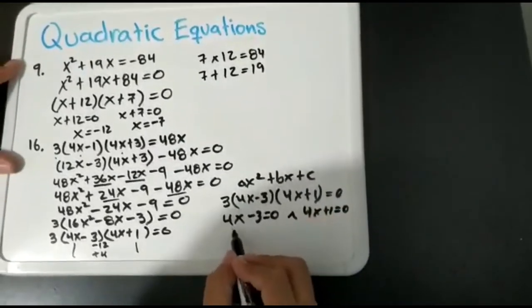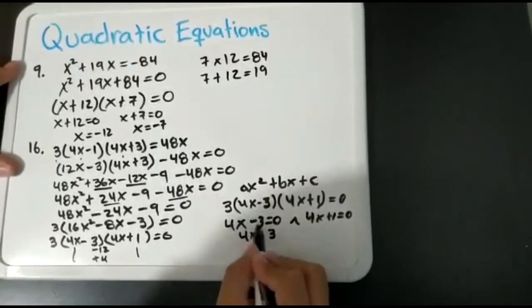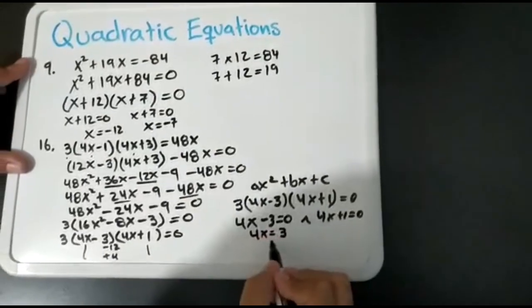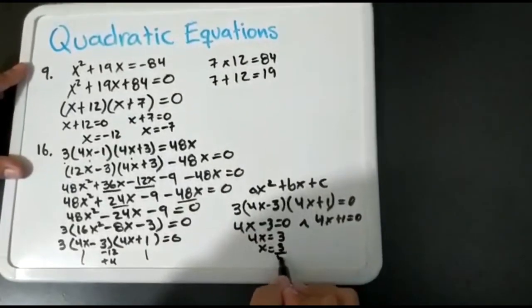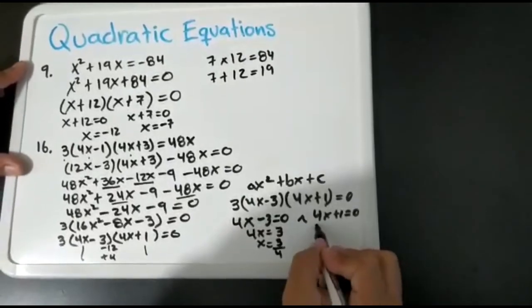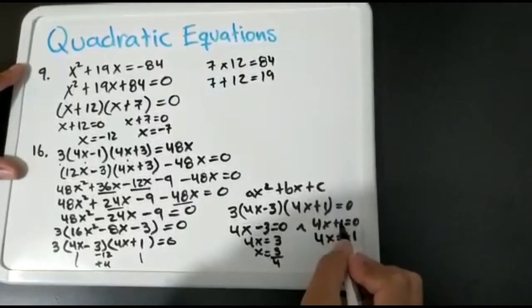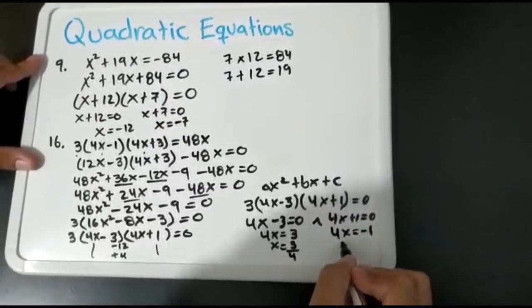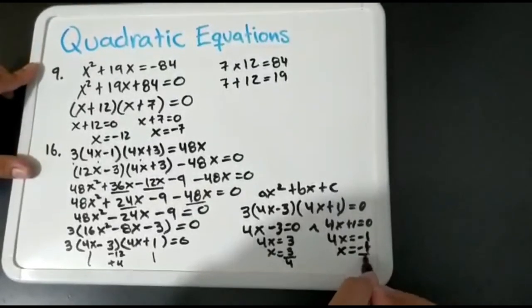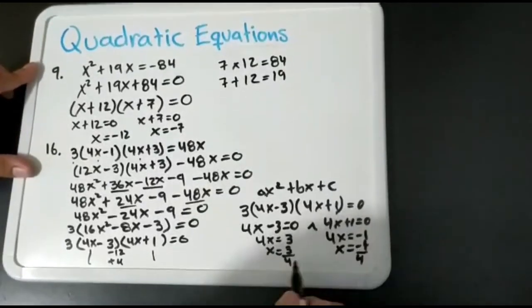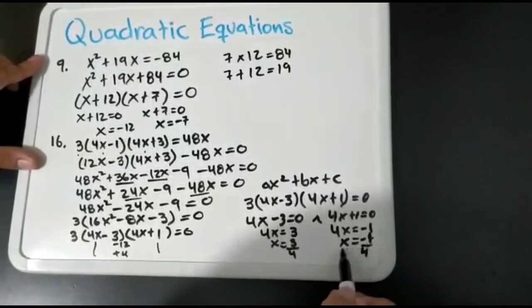For this, we're going to say that 4x is equal to 3 positive, because it turns into positive going to the other side, and x is equal to 3 over 4. And then 4x is equal to minus 1, because it turns into negative to the other side. X is equal to minus 1 over 4. And that's the answer. X equal 3 over 4, and x equal to minus 1 over 4.